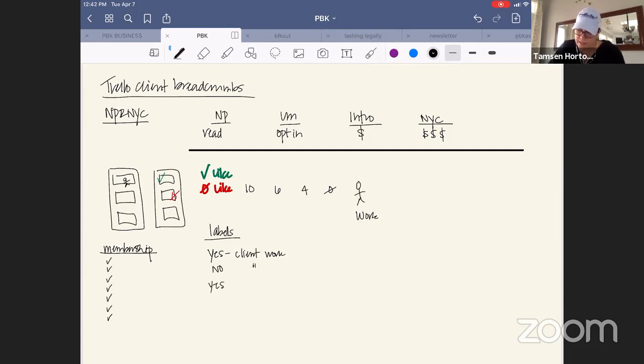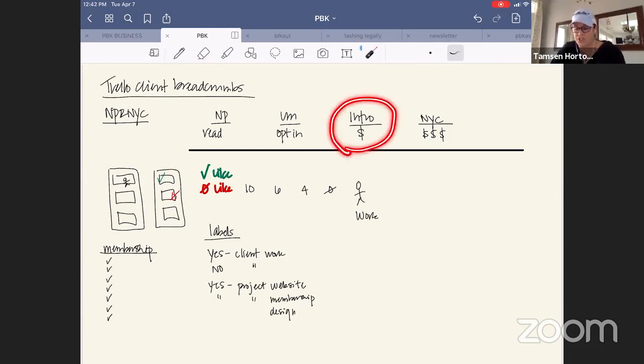You could say yes, project website. You could say project membership. You could say project design. Whatever it is that you do, because it also allows you to start to see what the packages are.